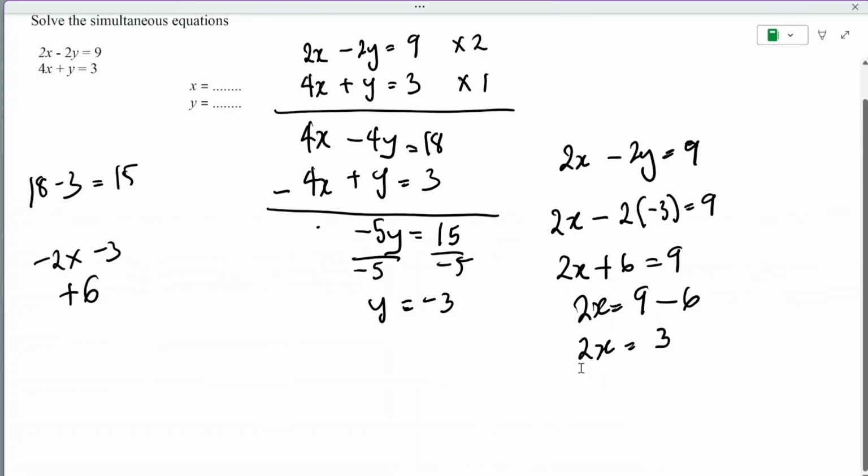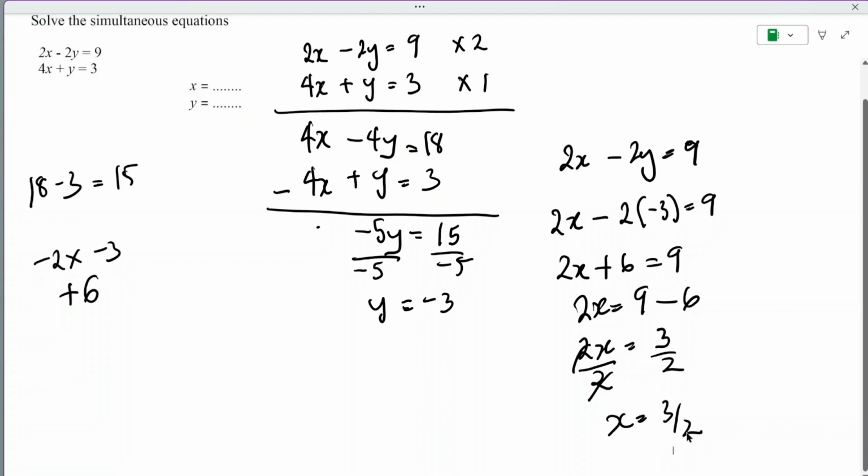We're looking for x, and 2 is linked to x by times, so we divide both sides by 2. 2 cancels 2. X equals 3 over 2. Standard in math, you don't leave your answer as an improper fraction. Improper fraction in the sense that the number on top is bigger than the number below. That 3 is bigger than 2. 2 can't carry 3. So you break it into a mixed number, or in other words, a mixed fraction.